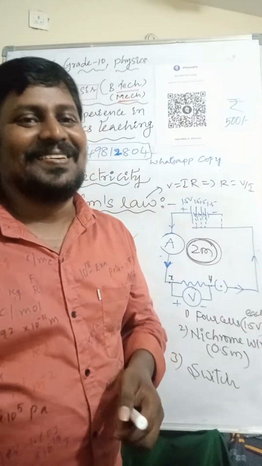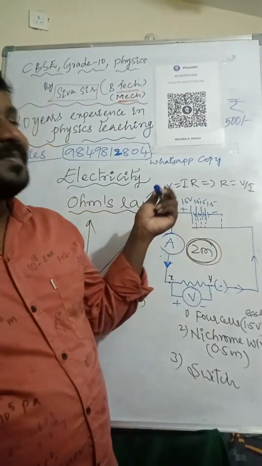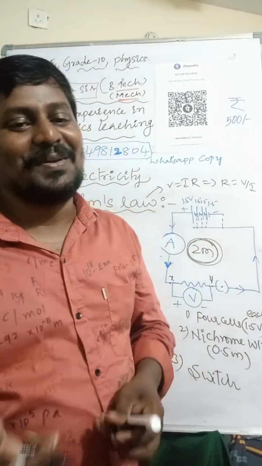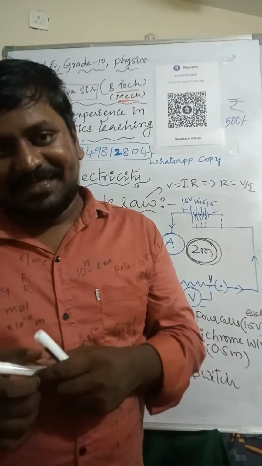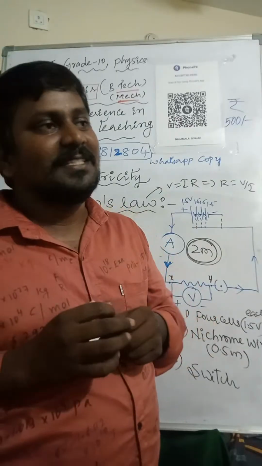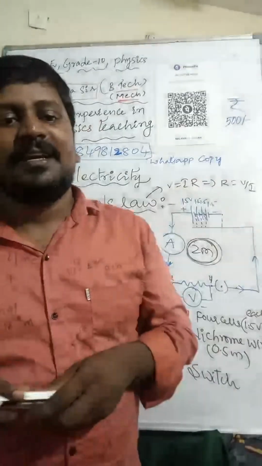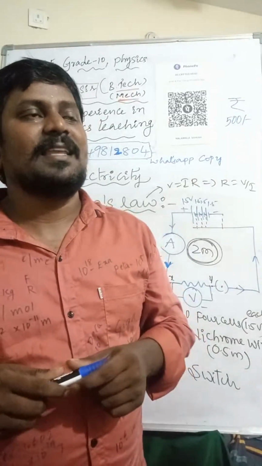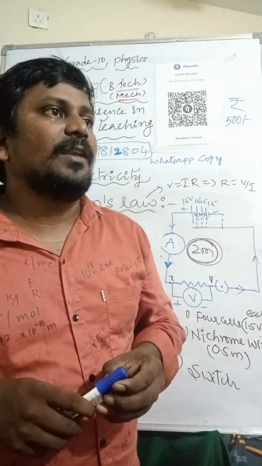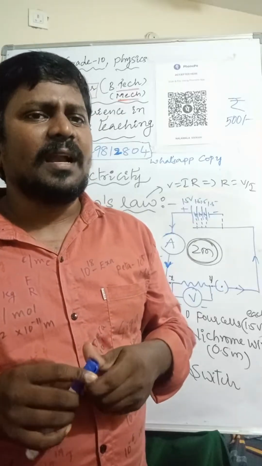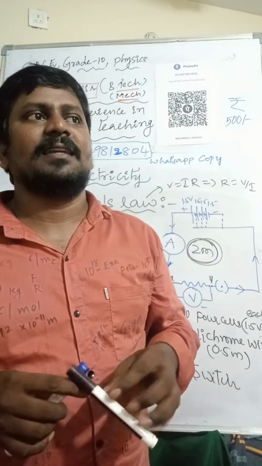Next, a non-ohmic conductor does not follow Ohm's law. If temperature changes, resistance changes. Next, the condition for Ohm's law: what are the conditions?